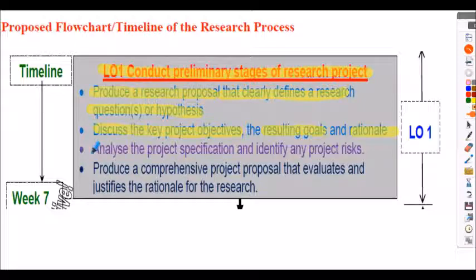And we need to analyse the project specification, identifying any project risks. And finally, produce a comprehensive project proposal that evaluates and justifies the rationale for the research project. We've been given 7 weeks to produce this project proposal for Learning Outcome 1.